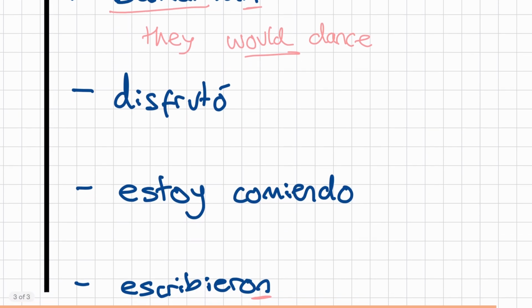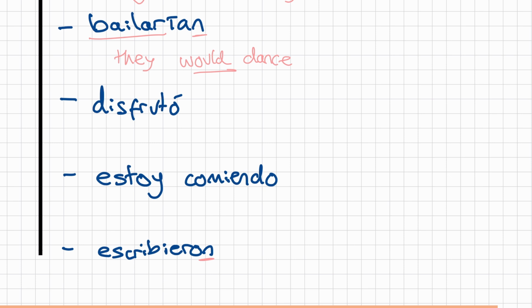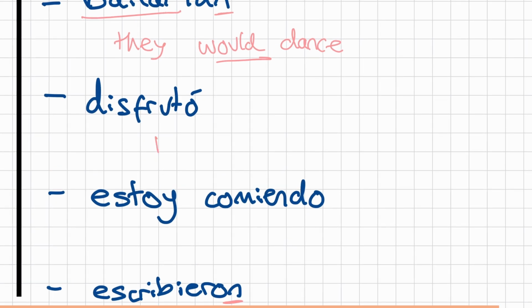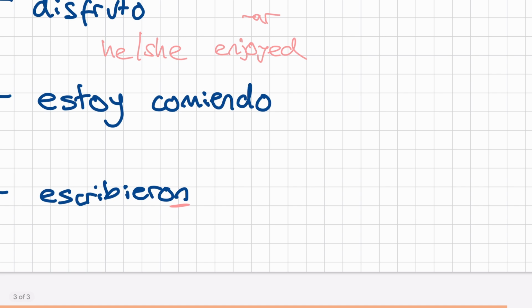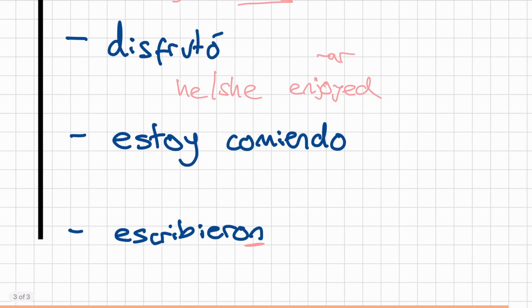A couple more, disfrutó, with accent on the O. He or she enjoyed. So disfrutar, the AR infinitive, is to enjoy. So he or she enjoyed, just like nació at the top here. Disfrutó. Two more. Estoy comiendo. Comiendo is eating.